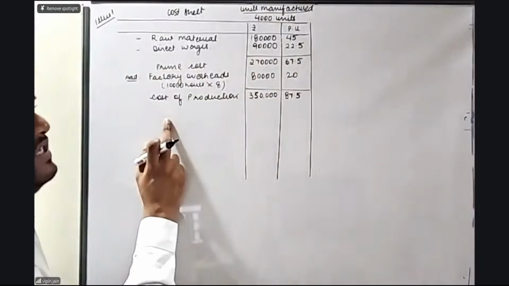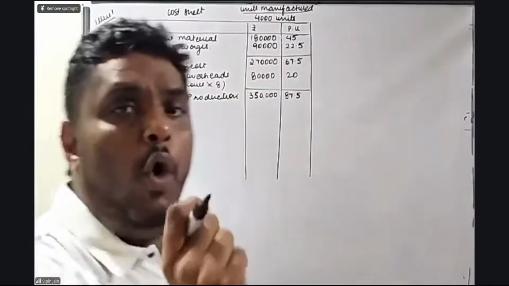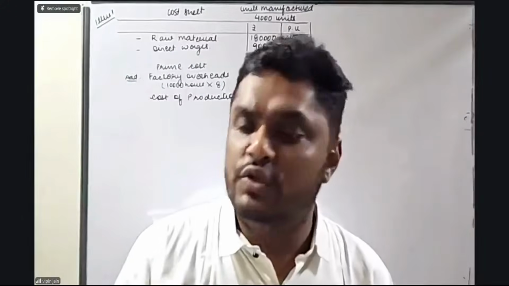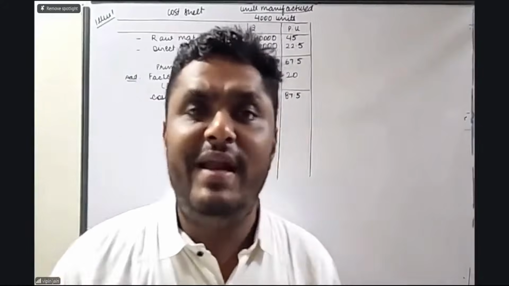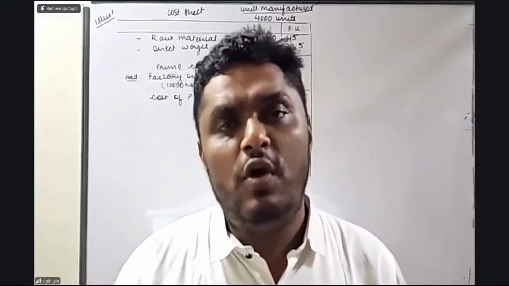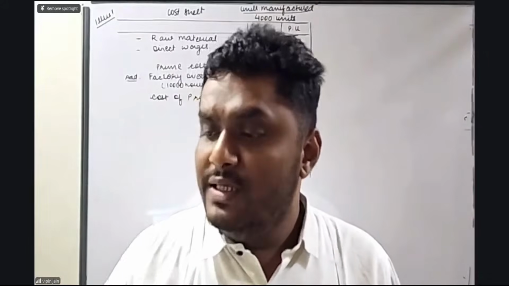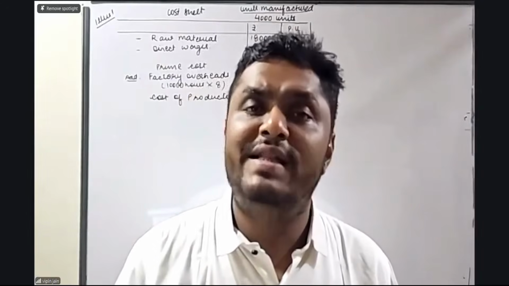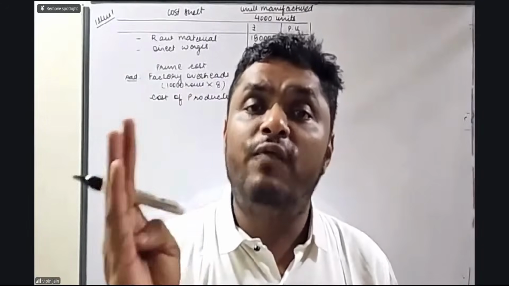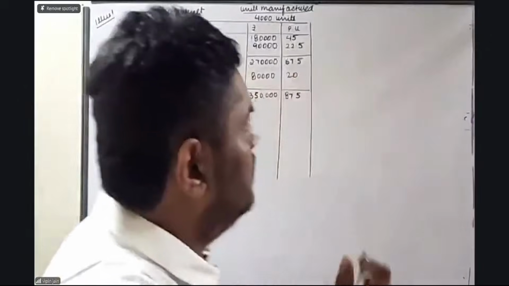In cost of production, we will make adjustments of opening and closing stock of finished goods. Now see, herein in this question, no information is given as regards opening stock of finished goods. However, units manufactured were 4,000 and units sold were 3,600. It means 400 units are still in stock.